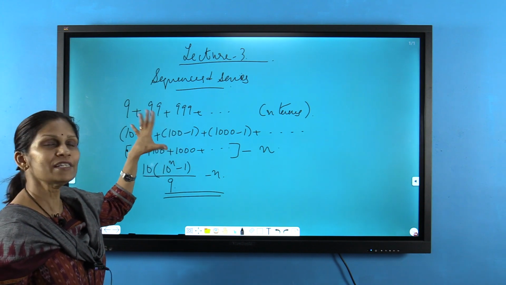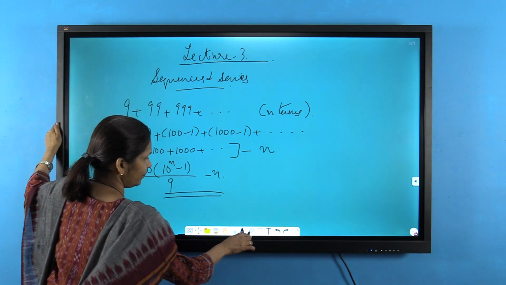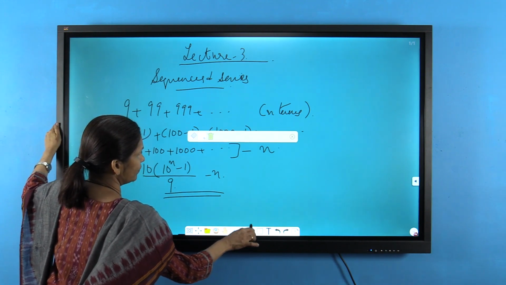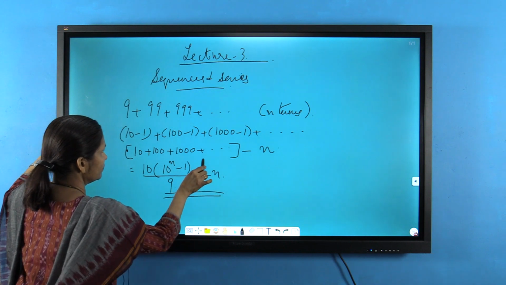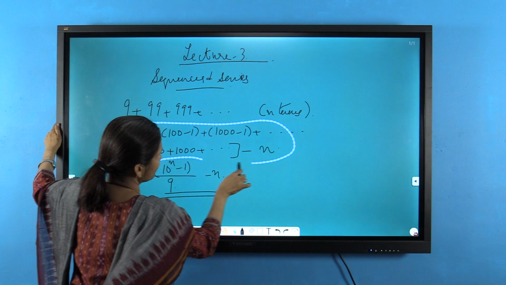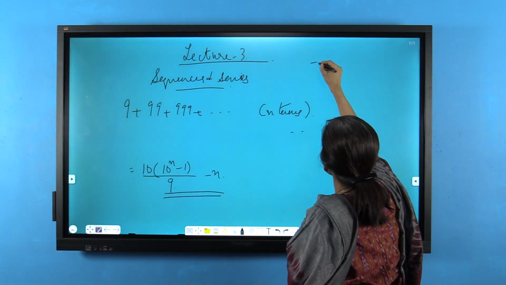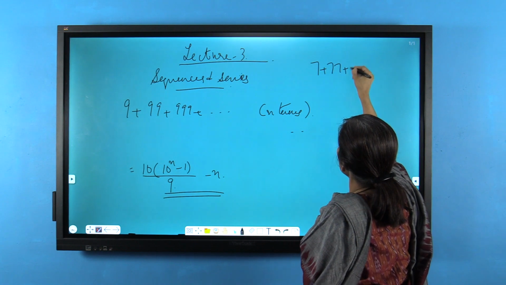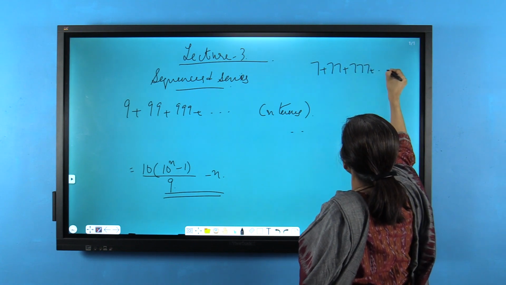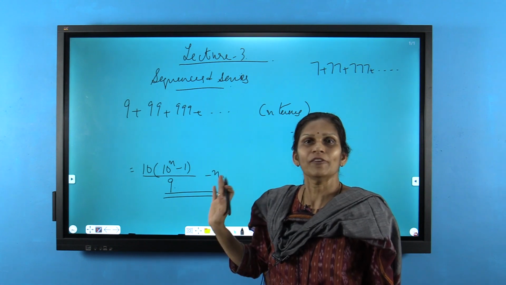So, what happens for some other sequence like this, for example, what happens if you have a term like 7 plus 77 plus 777 and so on up to n terms. So, I told you this will hold only for 9s.